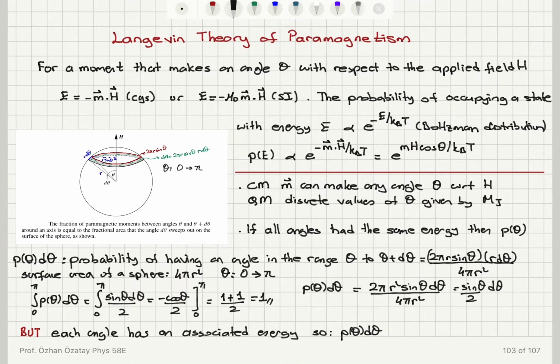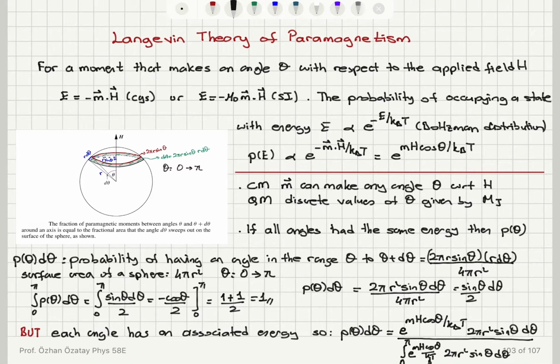probability distribution function, will be not just 2 pi r square sine theta d theta multiplied by the Boltzmann factor e to the mH cosine theta over kBT, 2 pi r square sine theta d theta, and divided by the integral, not just the surface area, we have to integrate over all possibilities, e to the mH cosine theta over kBT, 2 pi r square sine theta d theta.